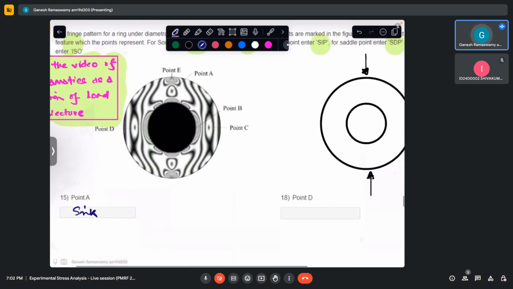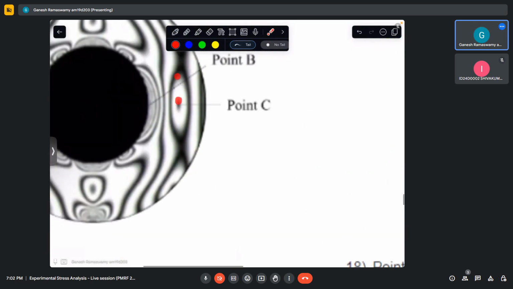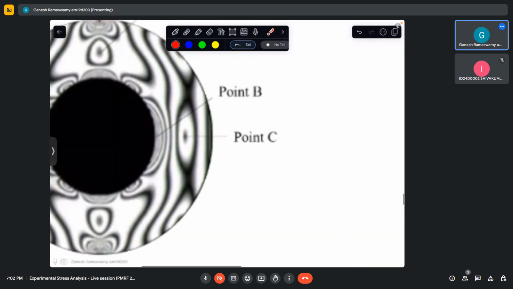Point C and D. Now again, if we see, what will happen is this, we have a point over here, we have this point over here, and then we have sort of a fringe like that. So as there are more fringes emanating from this place, the fringe becomes more and more dense here, but this middle point will never vanish essentially.